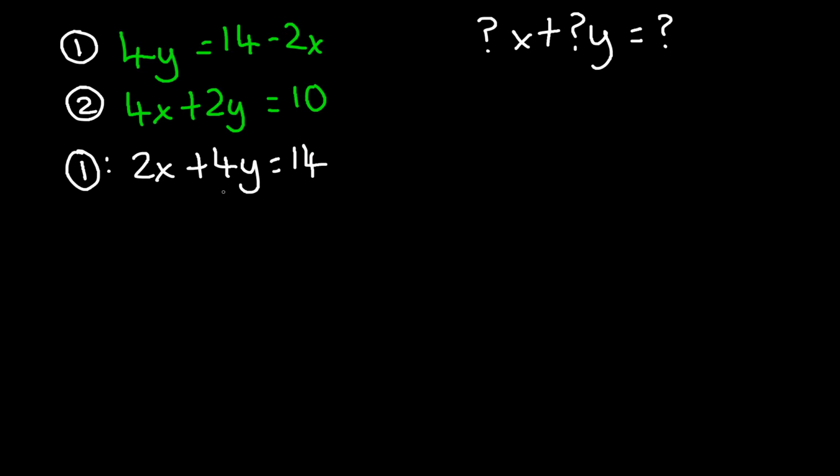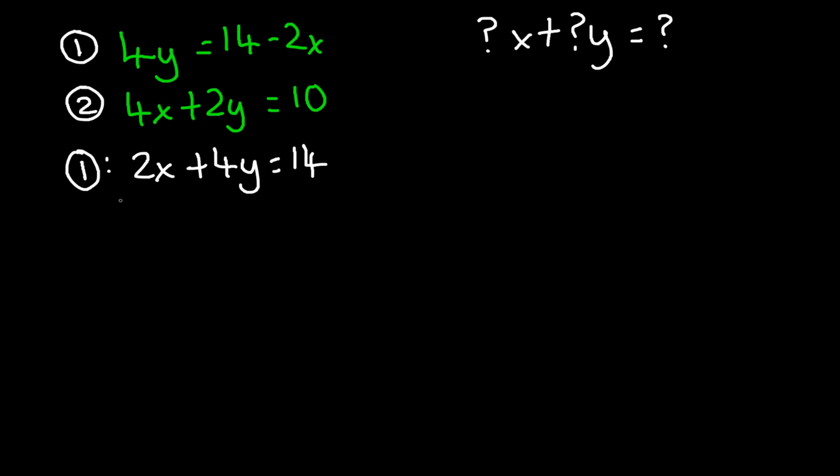Now, if you recall from the first example, we need to either add or subtract one equation from the other to eliminate one of the terms, either the x or the y terms. But before we can do that, we need to make one of the coefficients of either x or y equal to each other.